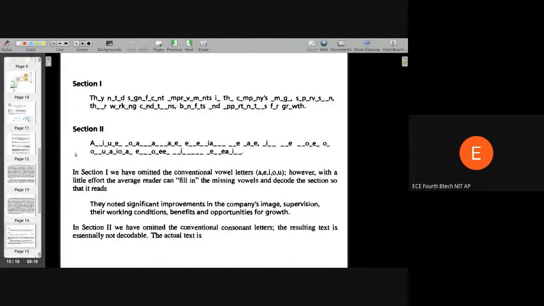Here a simple example is given. In section one, all the vowels are removed, but you can still make out the sentence. In section two, you remove all the consonants and keep the vowels, and now it is almost impossible to make out the sentence.